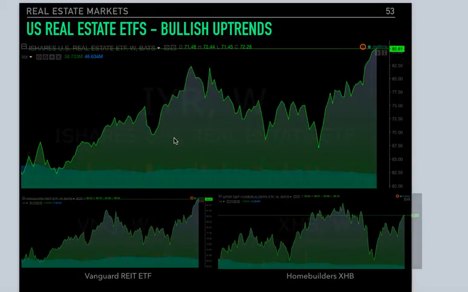Real estate's been bullish really since 2010. It was a little bit late to bottom after stocks did. So I also think that real estate might be one of the last sectors to roll over, if indeed the business cycle peaked last year.